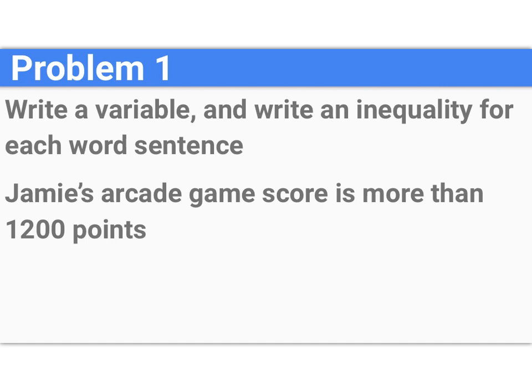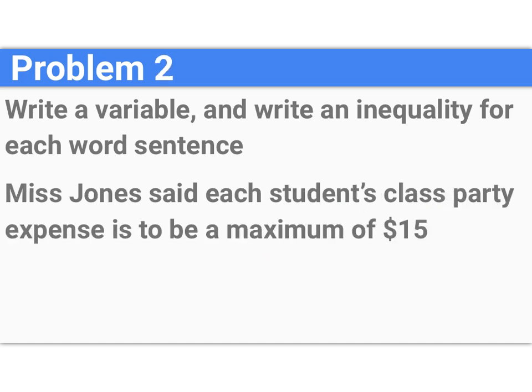Okay, write a variable, then write an inequality for each word sentence. Jamie's arcade game score is more than 1,200 points. So we call it G for game, or I could have said S for score, is more than 1,200. Miss Jones said each student's class party expenses should be a maximum of $15.